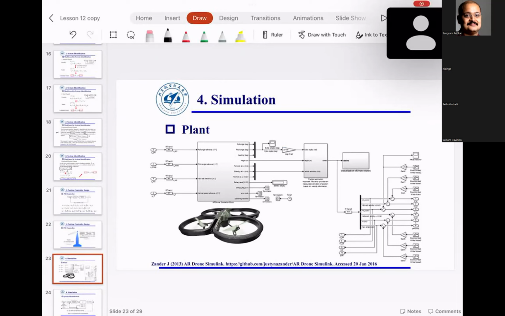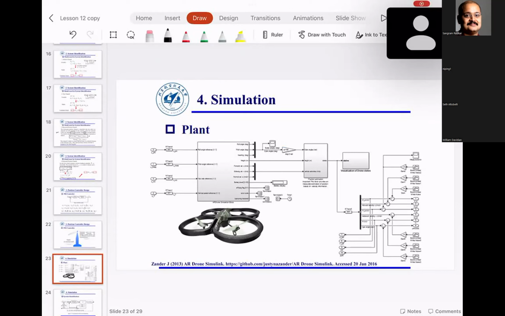In this example, which is also available on MATLAB File Exchange, this is the AR Drone from Parrot. Again, the Simulink hardware-based control can be implemented on the AR Drone. So you have the Simulink coder that can actually code the firmware of the drone.